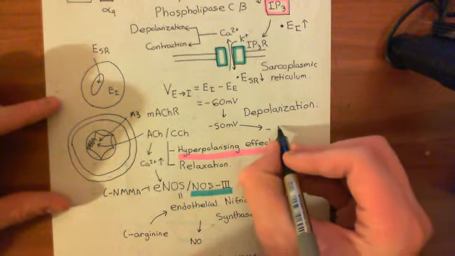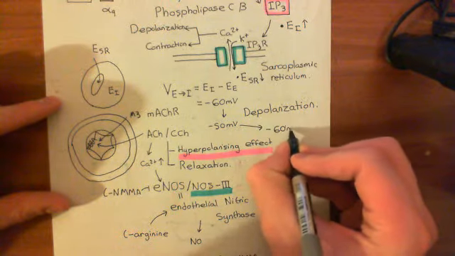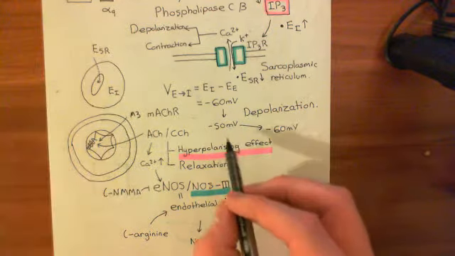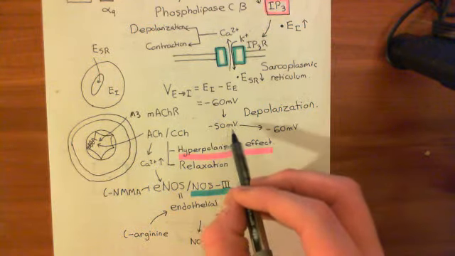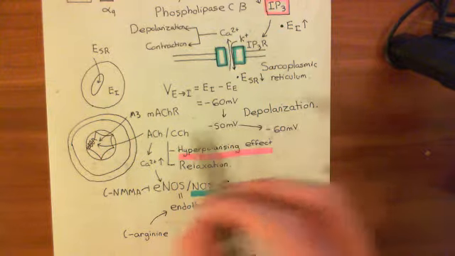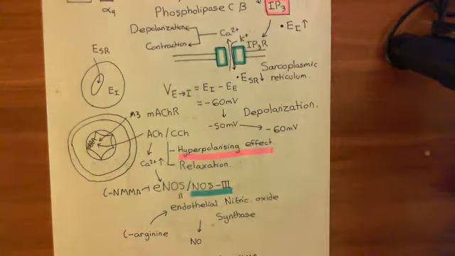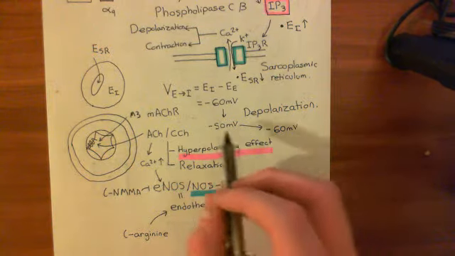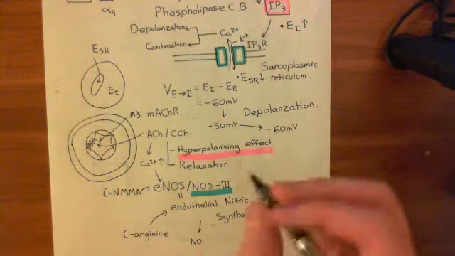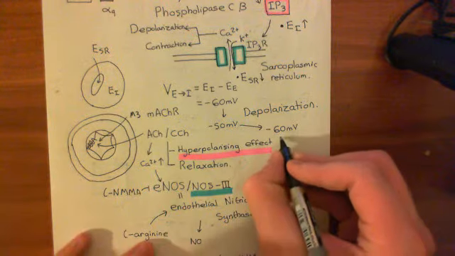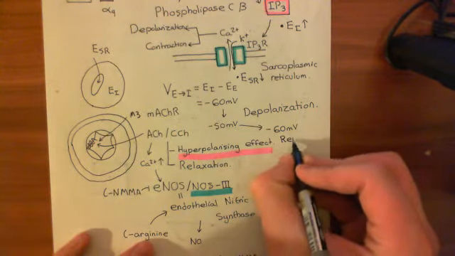So, for instance, when we stimulate the endothelium-dependent hyperpolarization in these pre-contracted and therefore pre-depolarized smooth muscle cells, maybe it'll go back down to -60. In this case, the hyperpolarizing effect would repolarize the membrane.